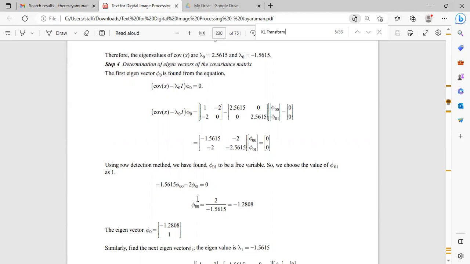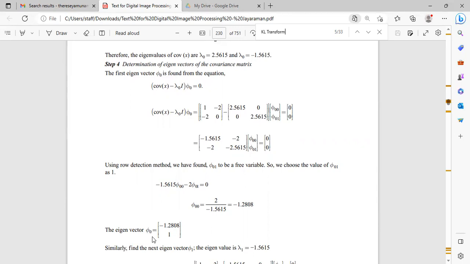So you can find out the value of phi 0 0 as 2 by, bring 1.5615 to the bottom, you will get 1.2808. So the eigenvector phi naught will be equal to minus 1.2808 and 1. Is it clear?